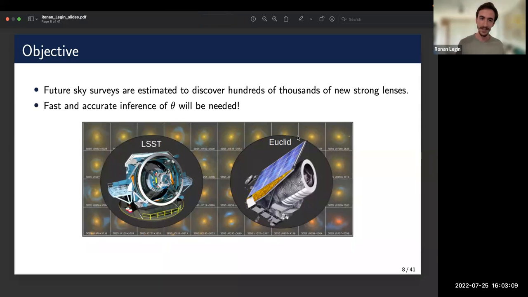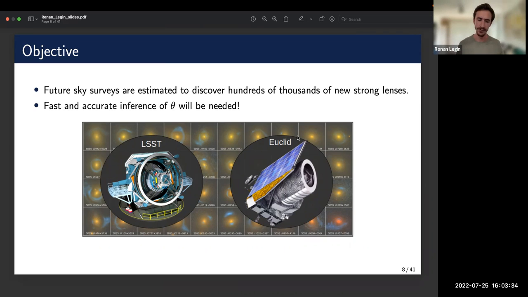So now, in the next few years, a new generation of sky surveys, for example, LSST and the Euclid Space Telescope, are estimated to discover hundreds of thousands of new strong lenses. And so this provides an exceptional opportunity for all science applications based on strong lensing. But at the same time, we now have the great challenge of having to characterize all of these lensing systems.